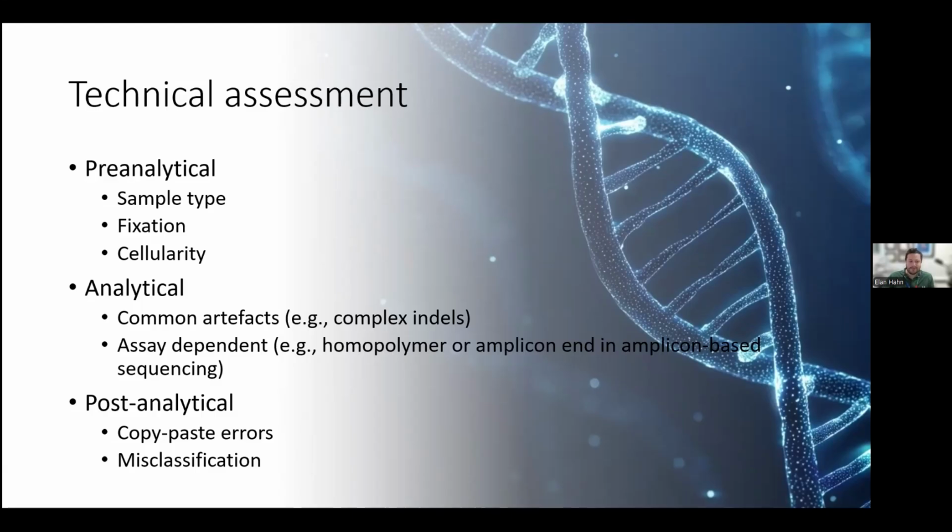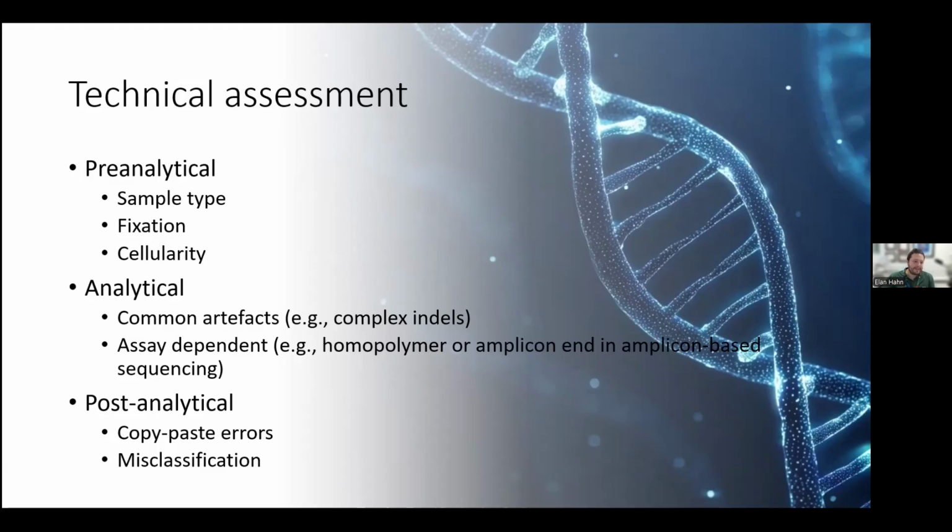That's going to make you a little more suspicious of that call as opposed to if it was a very low cellularity specimen. Other analytical issues, common artifacts like complex insertion deletions are hard for bioinformatics software to call specifically.